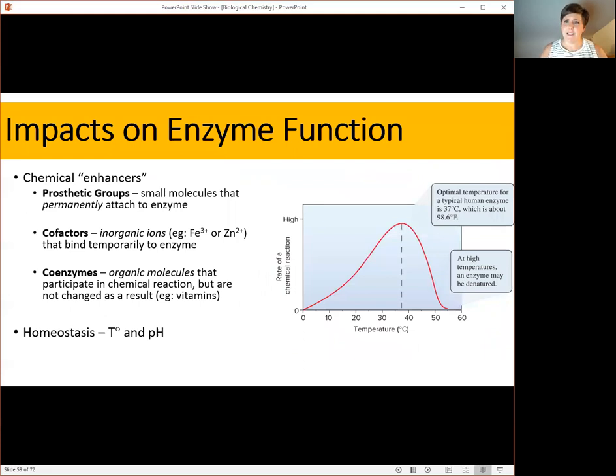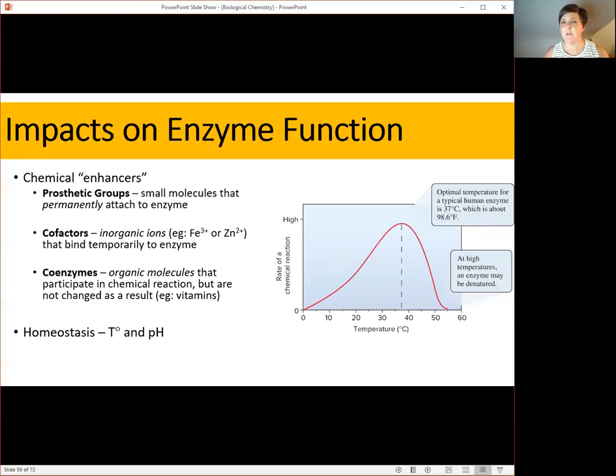Enzymes are further regulated in a variety of physical and chemical ways. Prosthetic groups, cofactors, and coenzymes are all ways that enzyme function can be enhanced chemically. Prosthetic groups are small molecules that permanently attach to an enzyme. Cofactors are inorganic ions that bind temporarily to an enzyme.